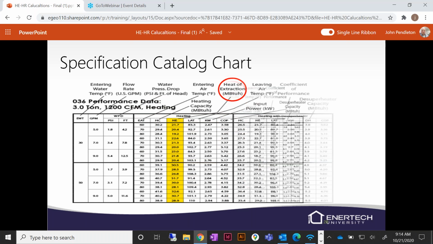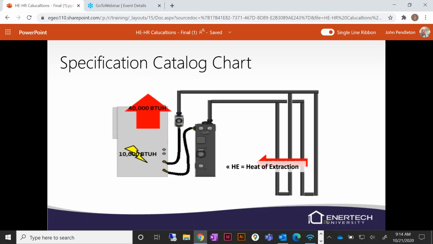The heat of extraction, again, is just what we're pulling out of the loop field. And then heating capacity is with the heat of compression. We can actually figure out how many BTUs that compressor is creating. Volts times amps equals watts.